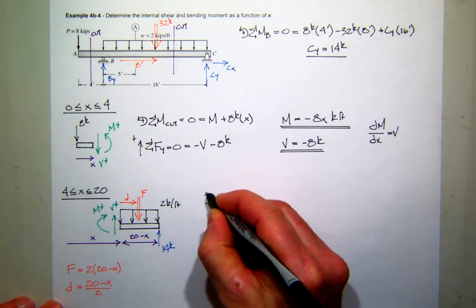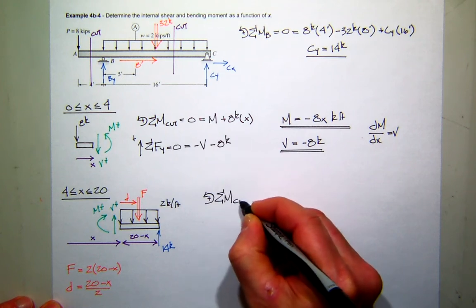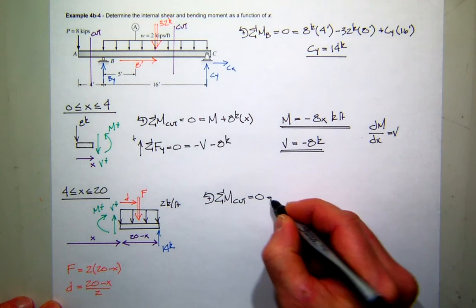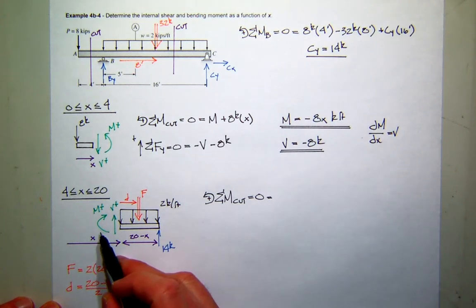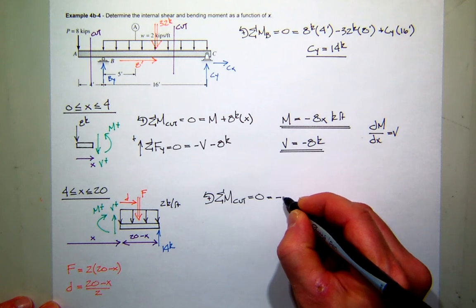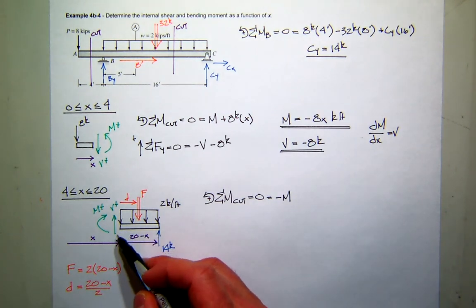So let's see. We'll sum moments about the cut again, using right-hand rules, my sign convention, to make sure we're in equilibrium. So starting here with the moment, what kind of moment is this? Positive or negative? Negative. F creates what kind of moment about the cut? Negative.